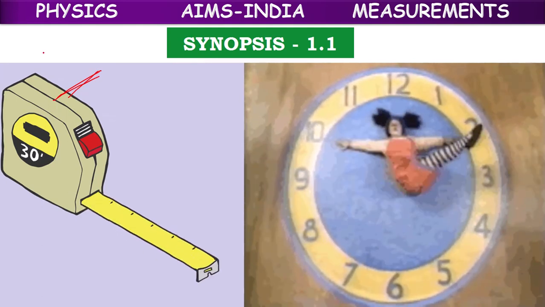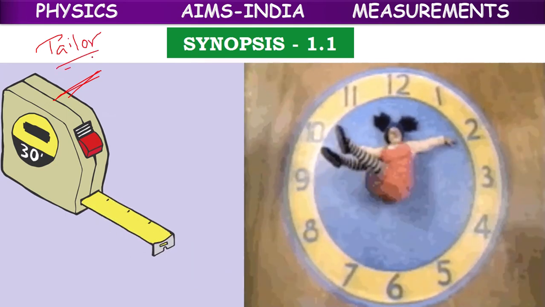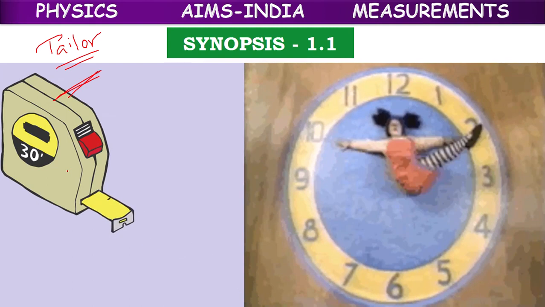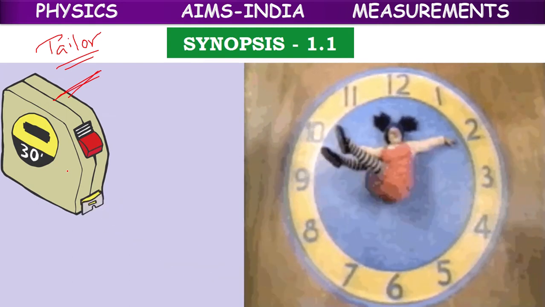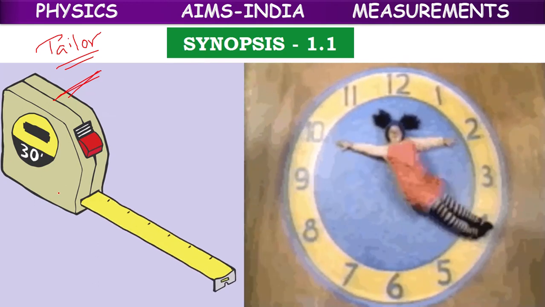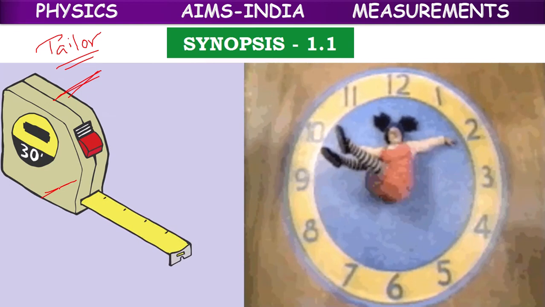If you go to any tailor shop, for measuring the cloth or for taking your measurements for stitching a pant or shirt, he will make use of this instrument, which is a measuring tape used for measuring small things.